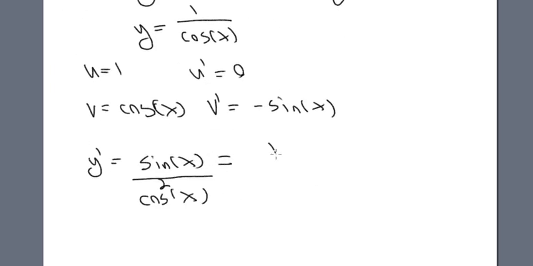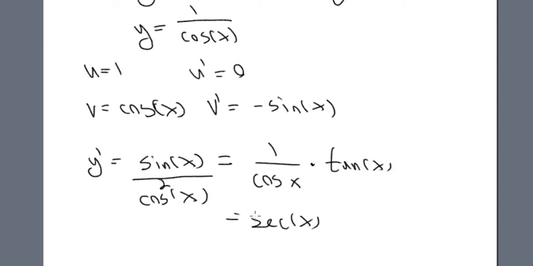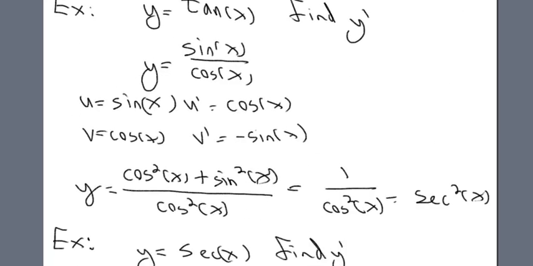So this equals 1 over cosine x times sine over cosine, which is tangent, which equals secant x times tangent x. And that's it. Now, you need to remember some other things as well. I can go over all of them. They're pretty much just as simple as that.